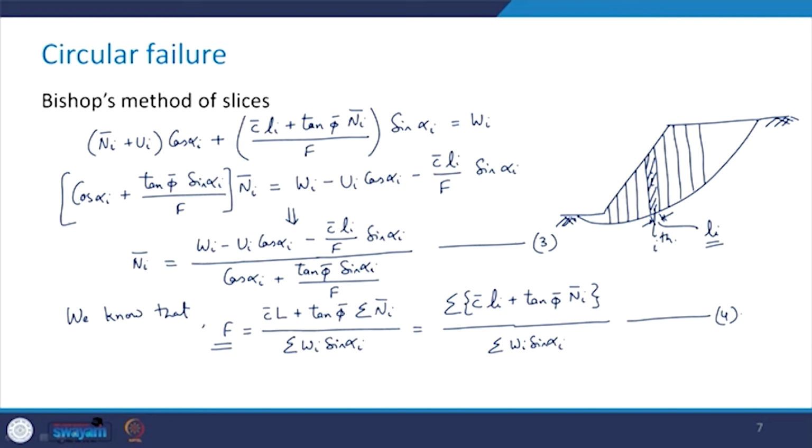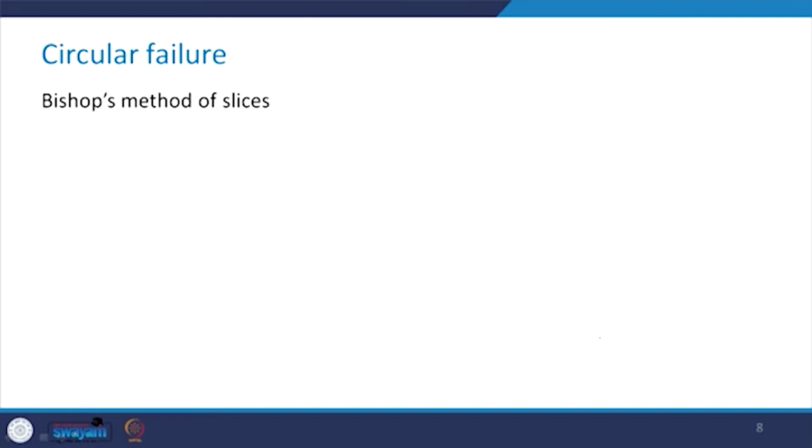Now, if we just try to substitute this expression of Ni bar from equation 3 into this equation 4, what we are going to get is F is equal to 1 upon summation Wi sin alpha i, and we will have summation c bar Li plus tan phi bar, and just substitute the expression for Ni bar.